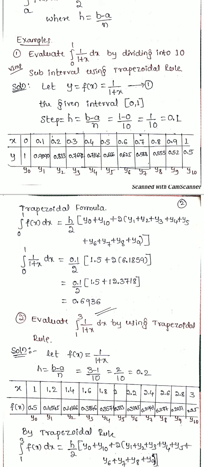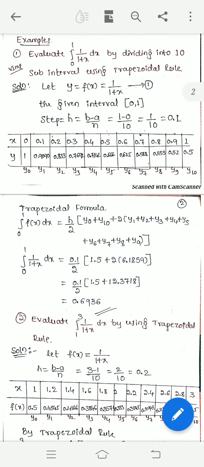After this we have to construct the table of x values and y values. The x values are at equal intervals, h equal to 0.1. We write down the given interval 0 to 1, so we start with 0 and end with 1.